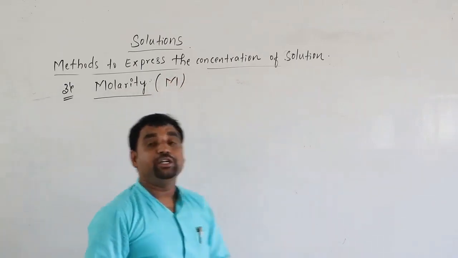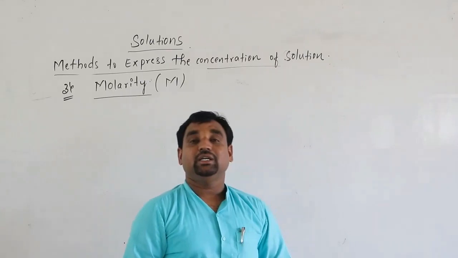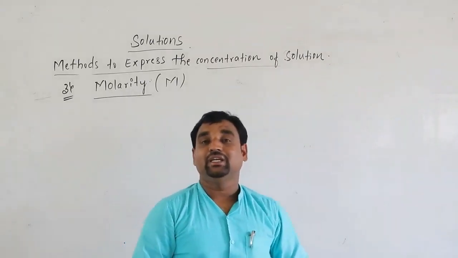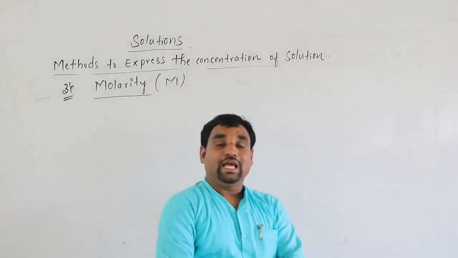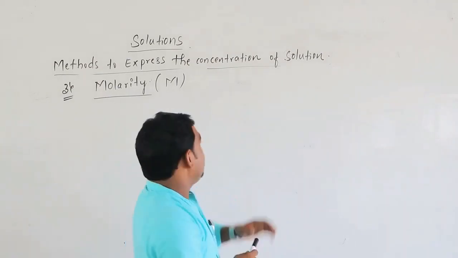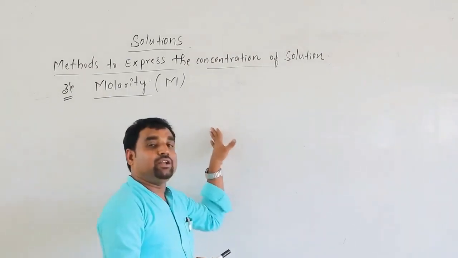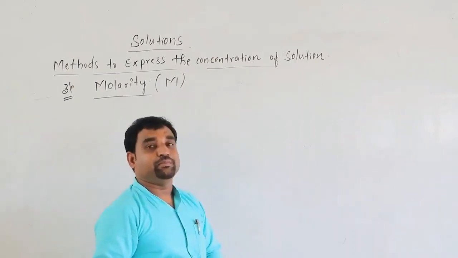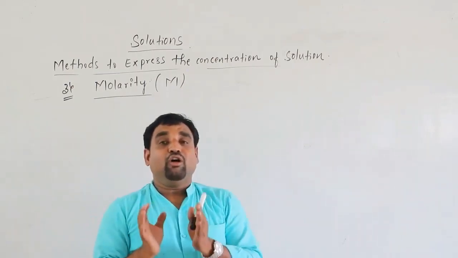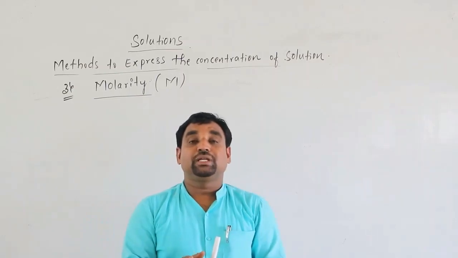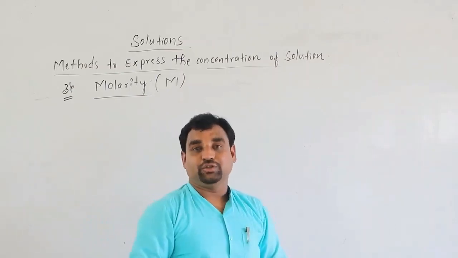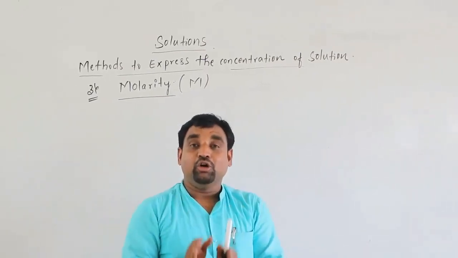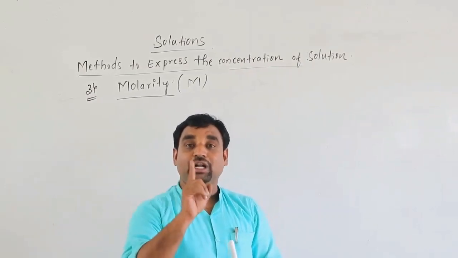This is a quantitative method. As we already know molarity from the first year lab, where we calculated the unknown solution molarity. What is the meaning of molarity? The number of moles of solute present in 1 liter of a solution.